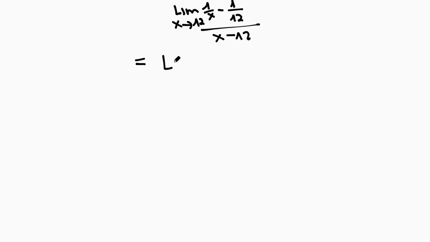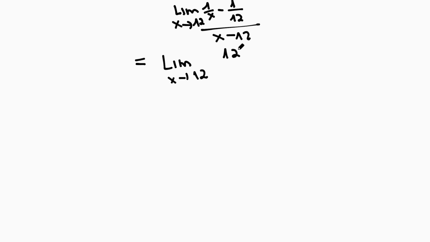Let's get to the first example of this type. It's going to be the limit of 1 over x minus 1 over 12, over x minus 12, when x approaches 12. So I'll first have to deal with the numerator because it contains the extra fractions, right? I'm going to subtract these two together.